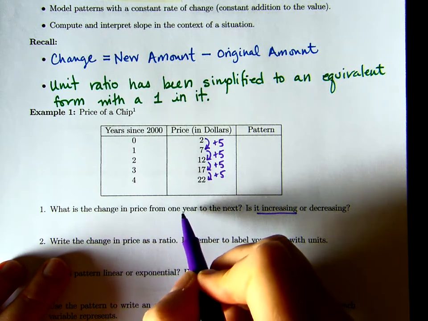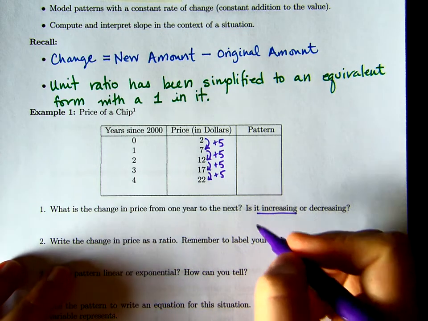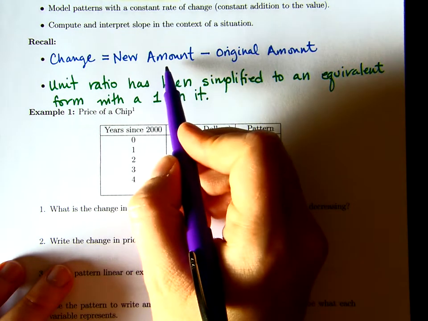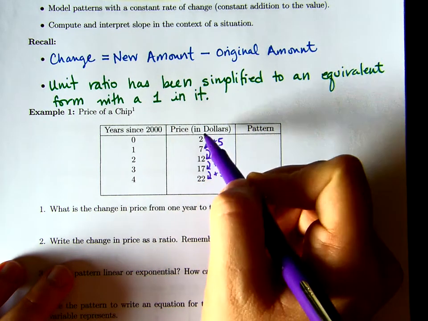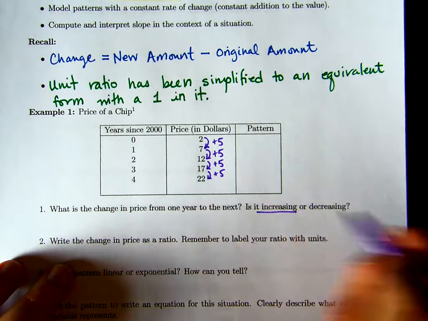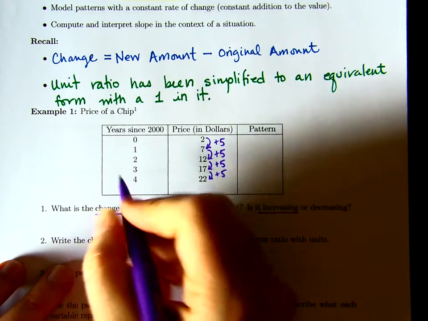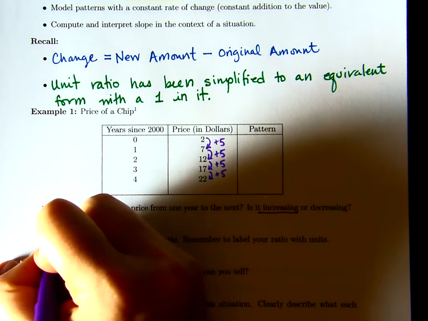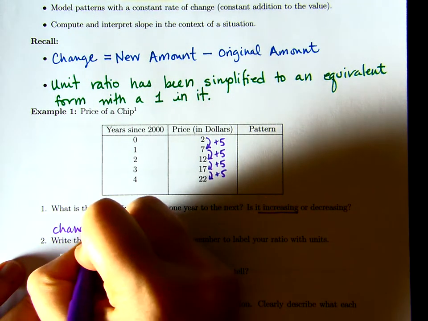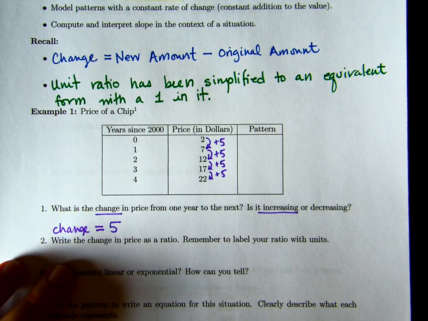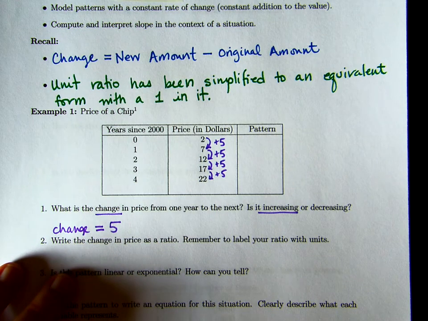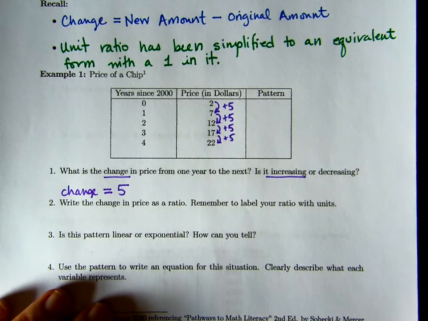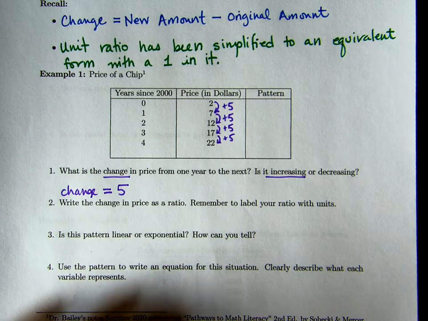What is the change in price from one year to the next? Change in price. So new amount minus original amount, increased by 5. So the change is 5. I'll actually write it. Write the change in price as a ratio. Remember to label your ratio with its units.